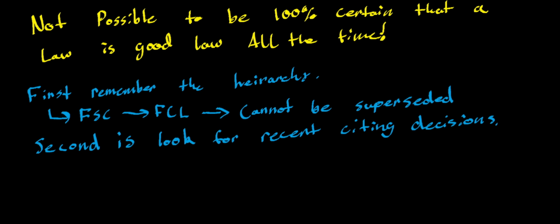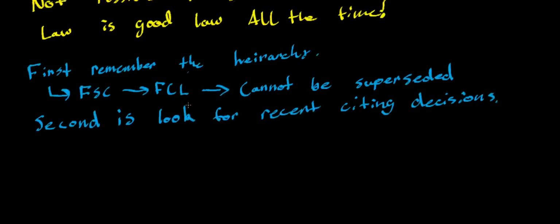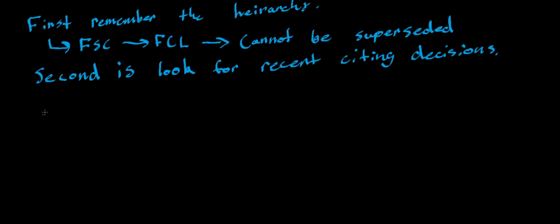So in this case that we talked about, it is the case that sort of evaded the citator, because it wasn't exactly mapping onto the decision of the case. You can instead look for recent citing decisions.